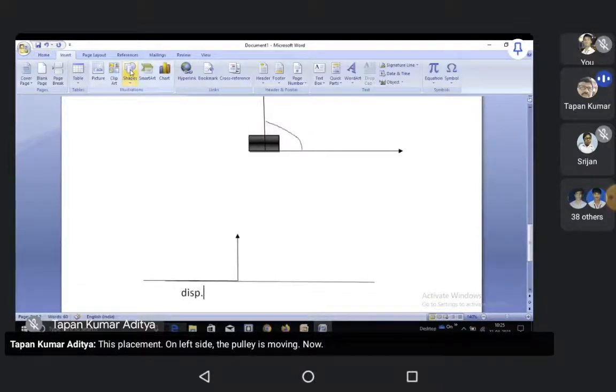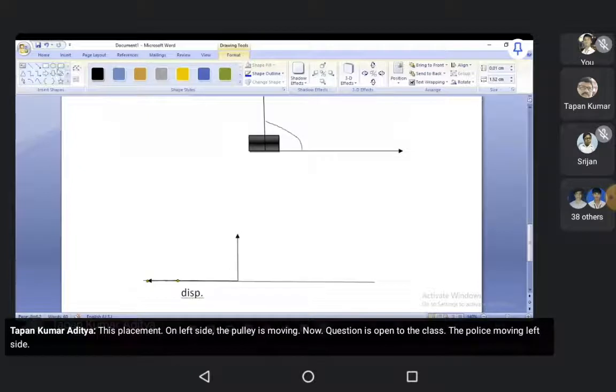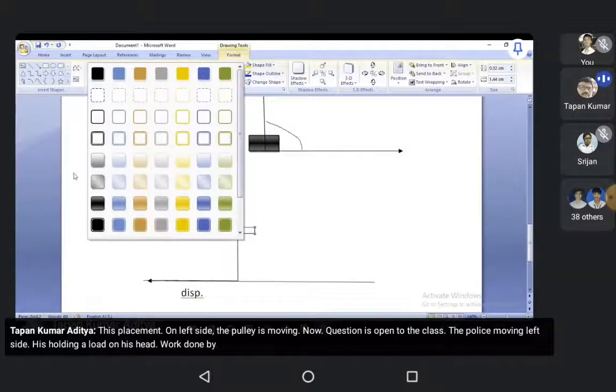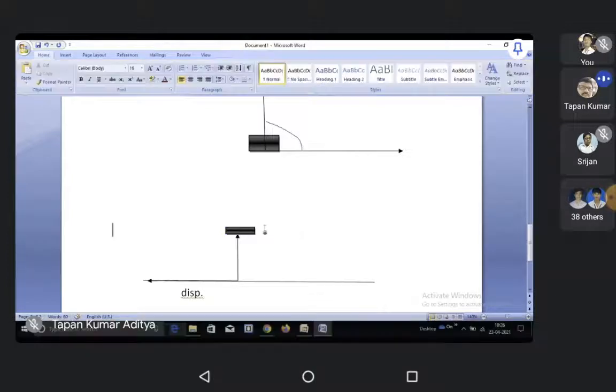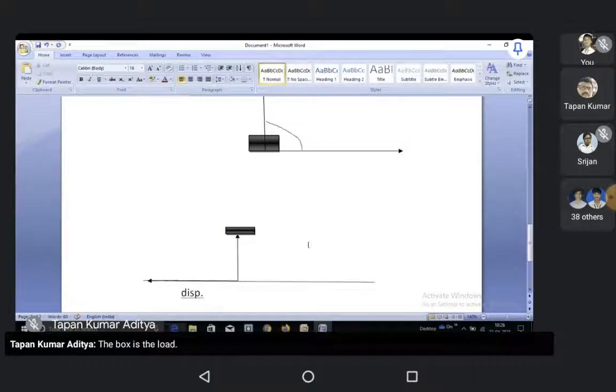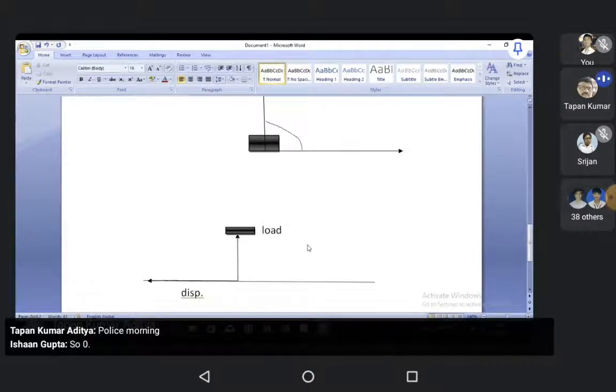Now, question is open to the class. The porter is moving left side. He is holding a load on his head. Work done by gravitational force. The box is the load. The porter is moving on a horizontal road. So what is the work done?